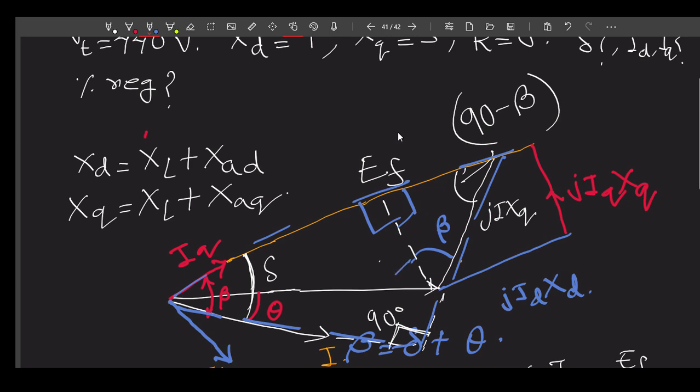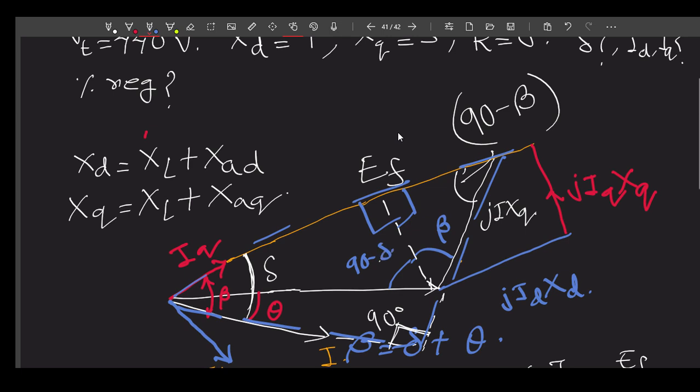And this much is how much? This is our Vt minus delta.